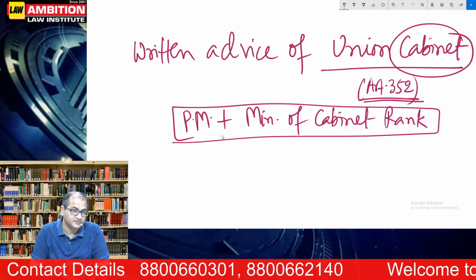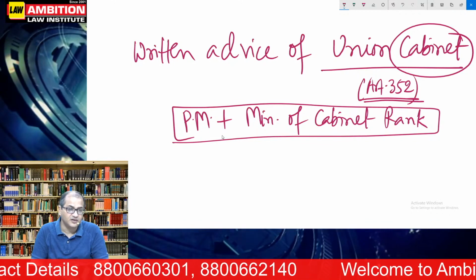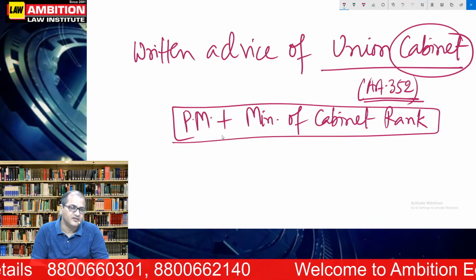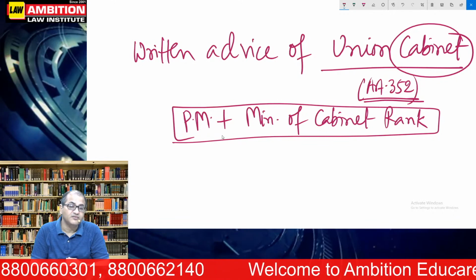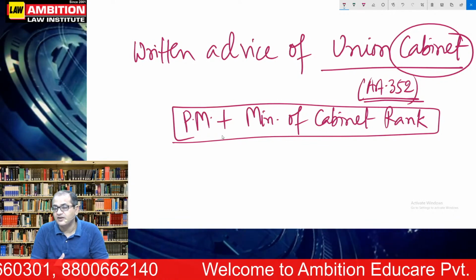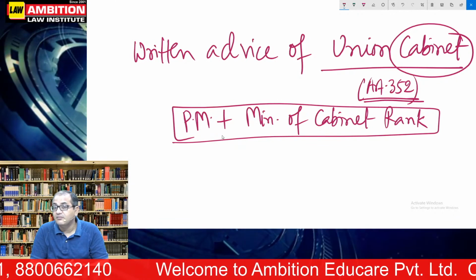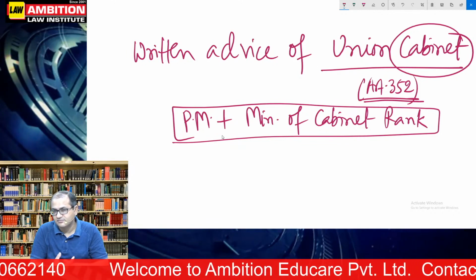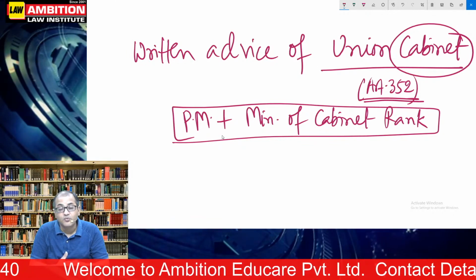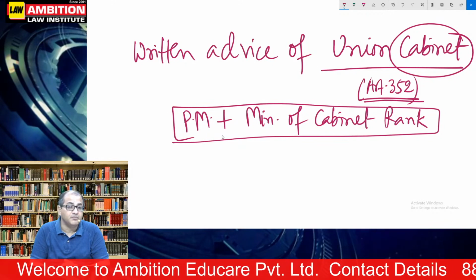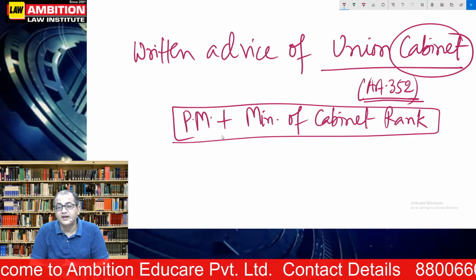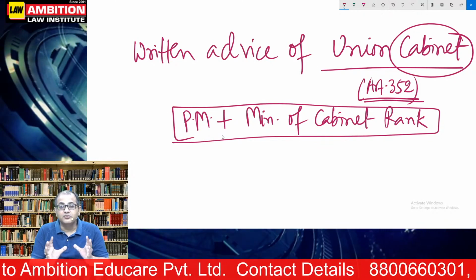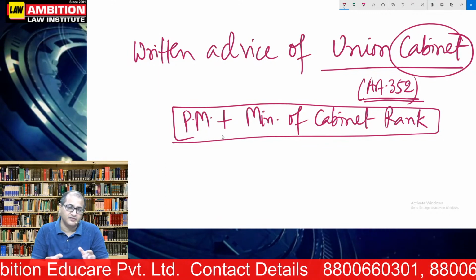Council of Ministers. Just try to understand the point. Council of Ministers shall be collectively responsible to the House of People. So, who has the upper hand? House of People is the final authority to scrutinize all your decisions.